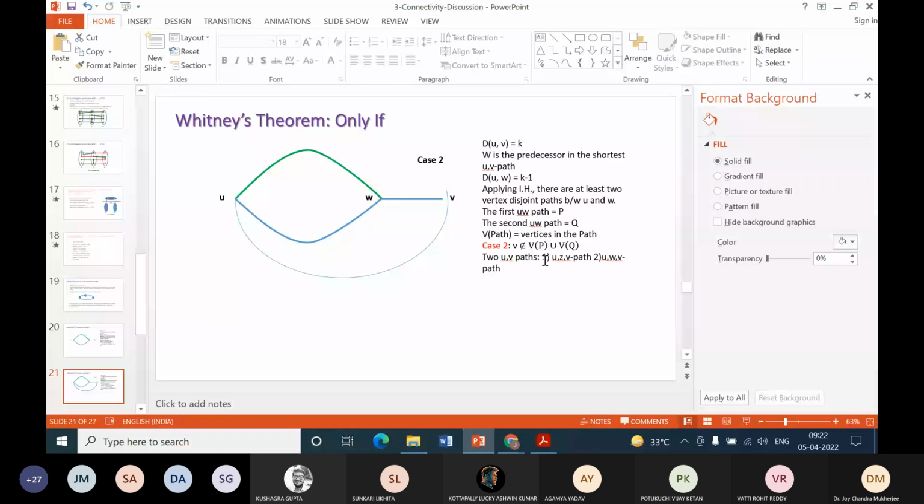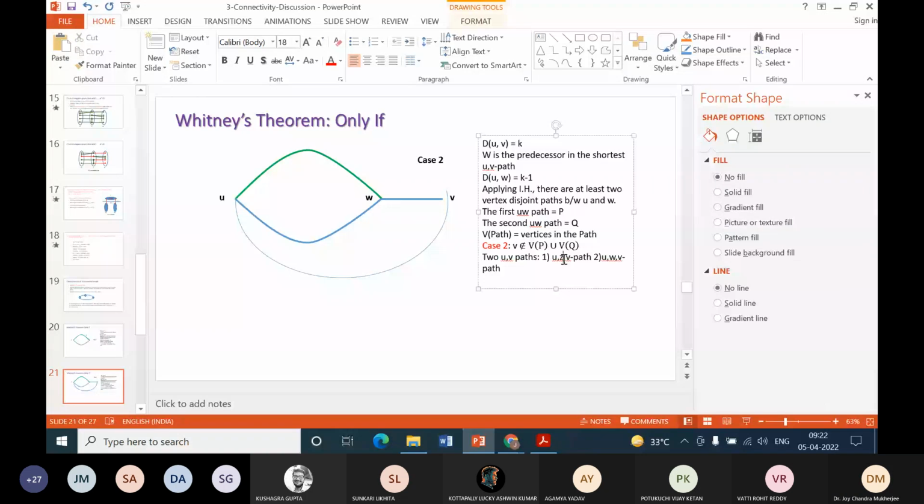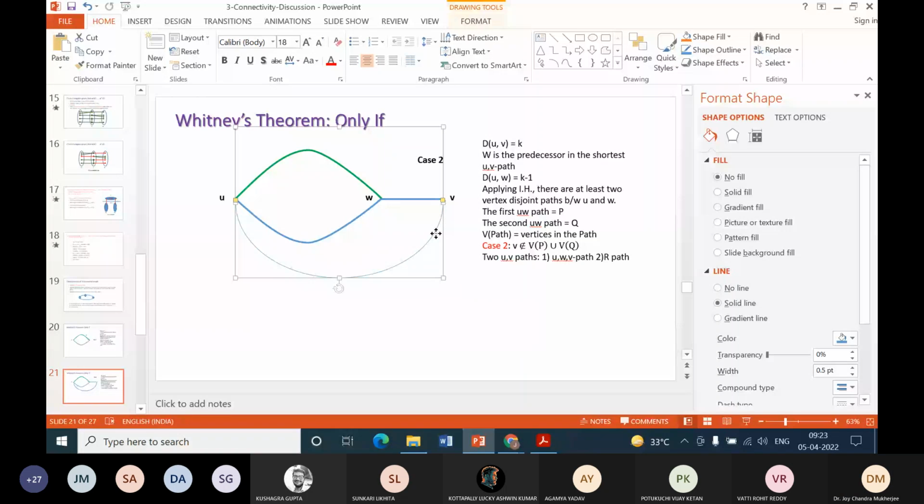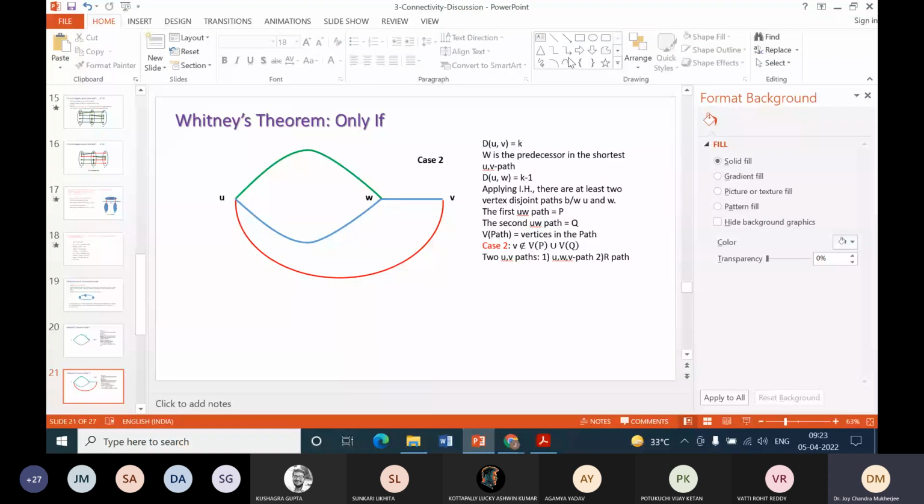One is the UWV path, and the second path is the totally vertex disjoint path, that is the path R. So this is my path R.